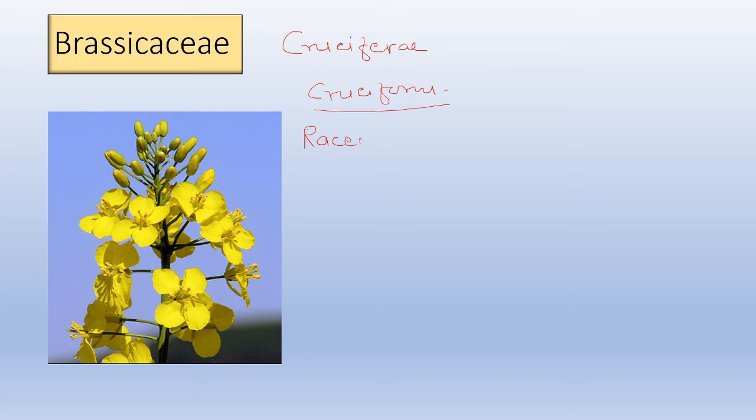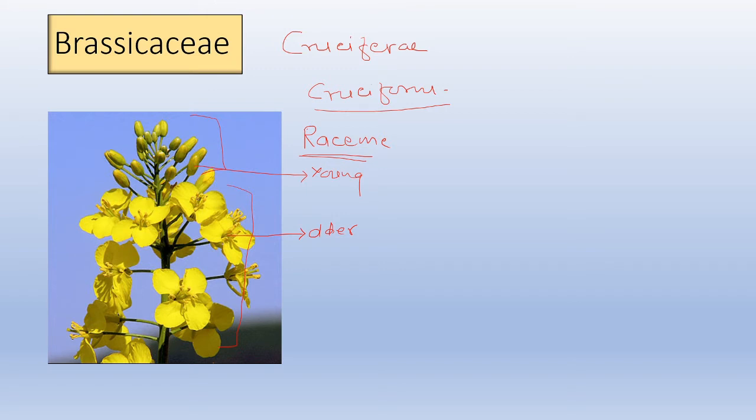In the photo you can see that at the lower side these are the older flowers, and at the apical region the flowers are young. So buds are present at the upper region, while the older flowers are present in the lower region. So the inflorescence type is raceme.